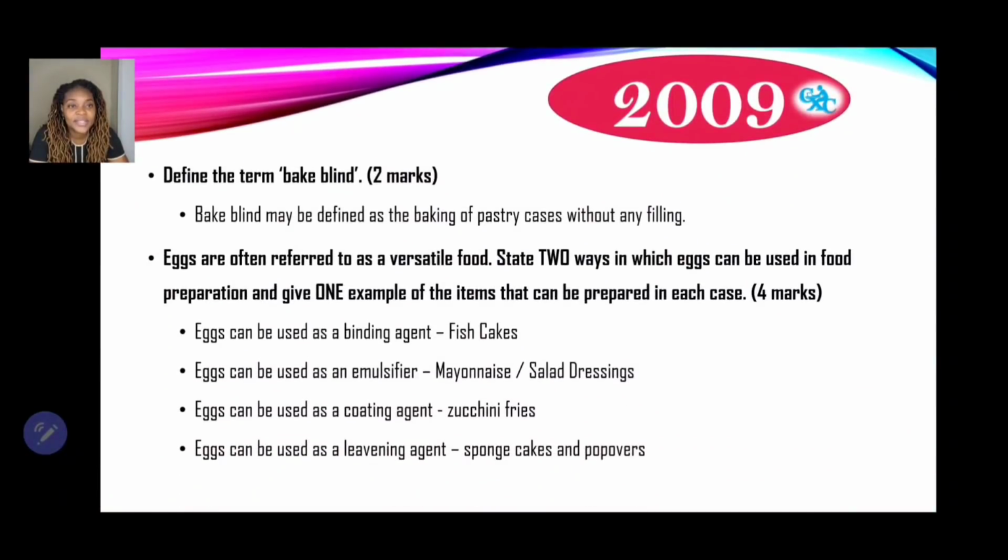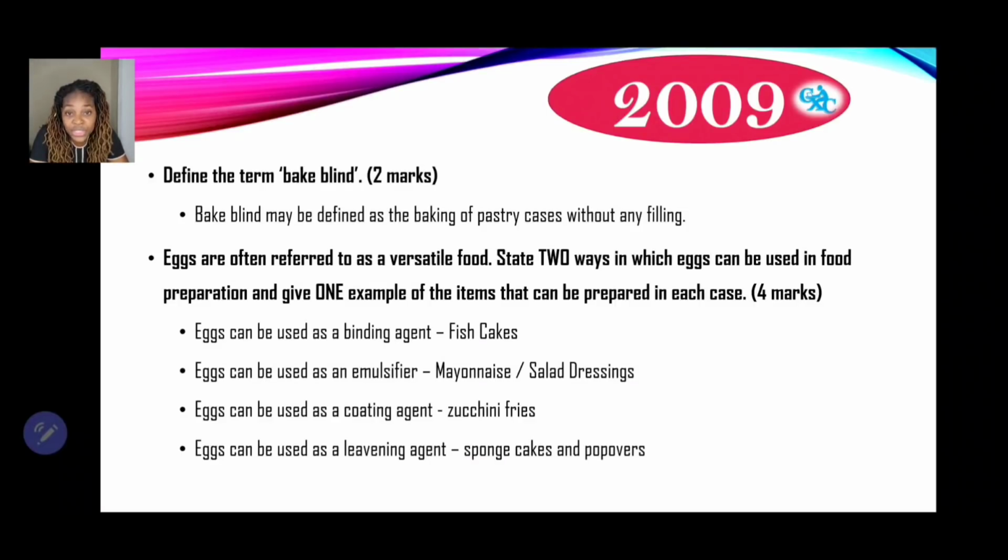Good. Now we're at 2009. Define the term bake blind. Now bake blind may be defined as the baking of pastry cases without any filling. Good. So for instance, you're making coconut gizzards and you would what?